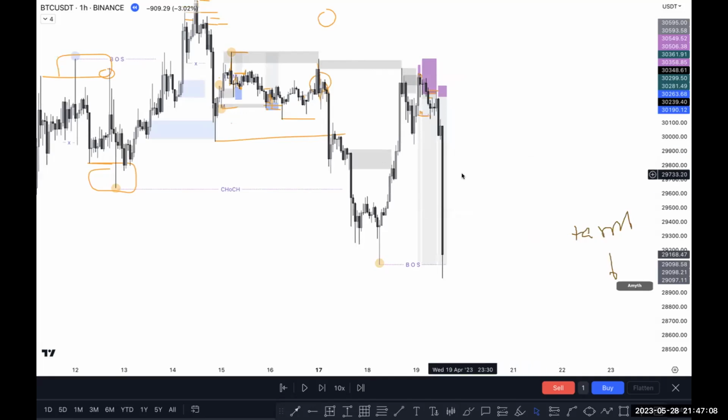So at the current price action, there is no confirmation here. You have to wait for candle closure, right? So let's see what's happening here. Then we can understand better.